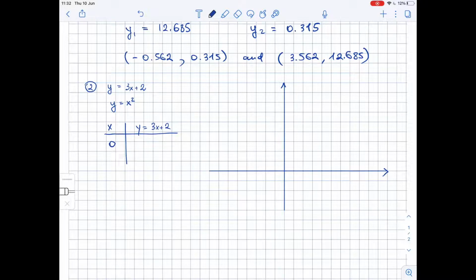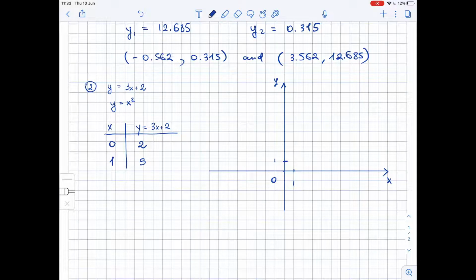For instance, if x is equal to 0, then y would be 3 times 0 plus 2, and this is equal to 2. Then if x is equal to 1, then y would be 3 times 1 plus 2, which is 5. Well, let's draw these 2 points. So let's say this is 1, this is 1.